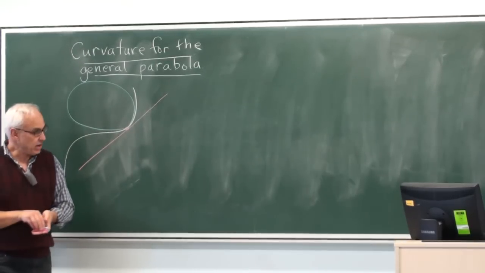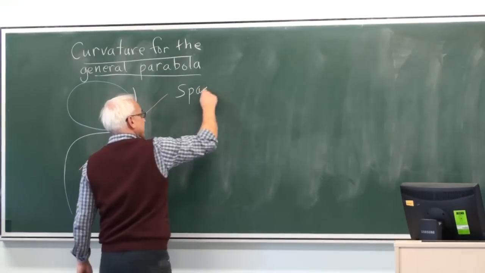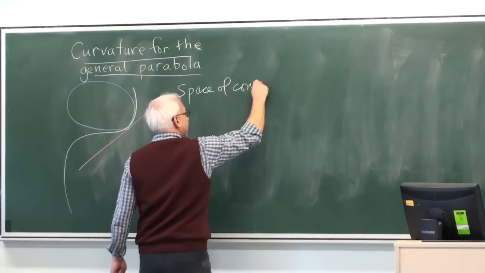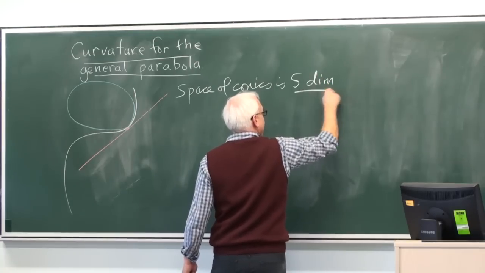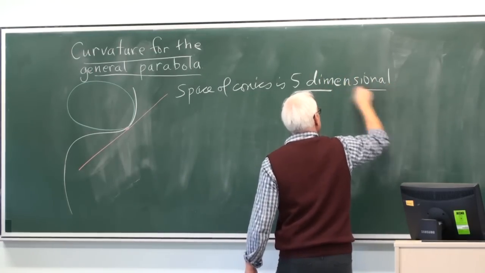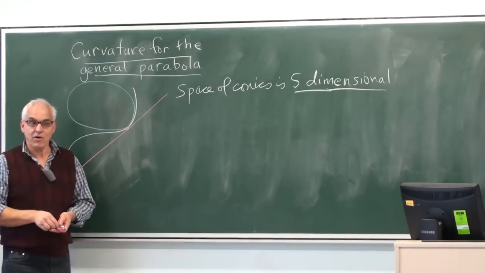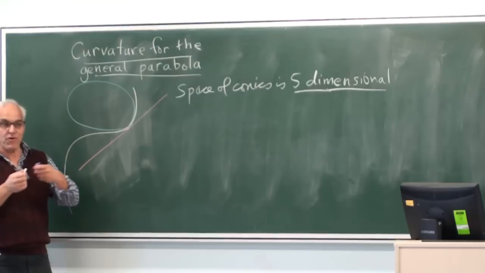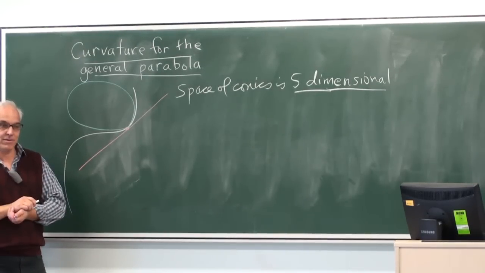So we can see that by thinking about the space of all conics. The space of conics is 5-dimensional. It's 5-dimensional because to specify a conic requires 6 coefficients, and those coefficients are adjustable up to a scale.